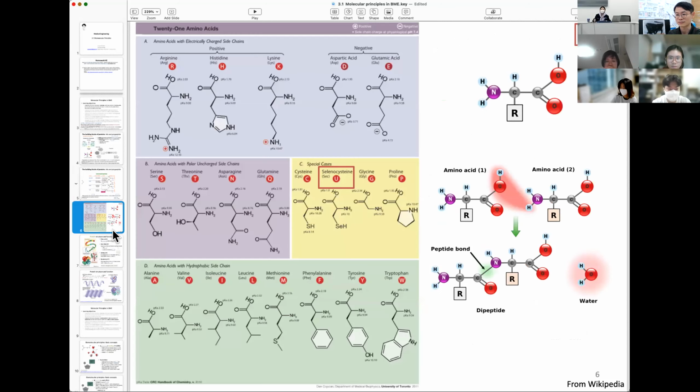And then this slide is showing you more details, especially into biochemistry. I just put it there, and this diagram shows how to make a polypeptide chain, a reaction which results in a dipeptide plus a water molecule.